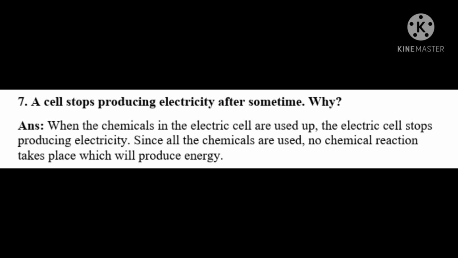Since all the chemicals are used, no chemical reaction takes place which will produce energy. If there is a chemical reaction, it produces energy. So when all the chemicals are used, there is no chemical reaction, and it will not produce energy.